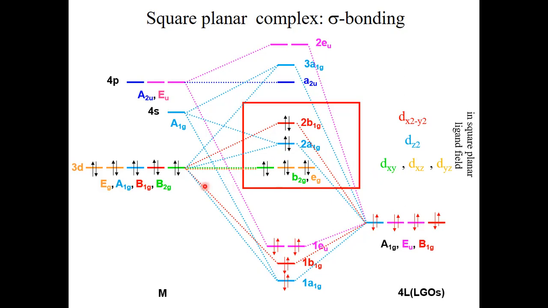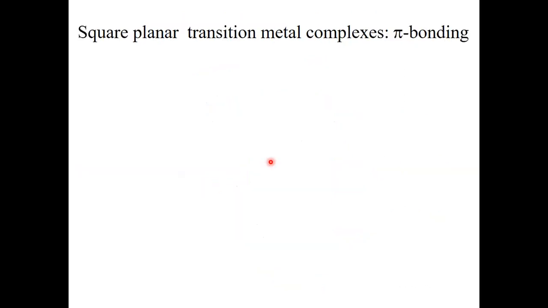All right, so now we are concerned with the sigma bonding. Certainly, we also need to consider the pi bonding in addition. So now we need to be clear first which orbitals to consider for pi bonding. In this case, the situation is more complicated than in the previous cases, because now the pi orbitals in the ligand are symmetrically not equivalent anymore.